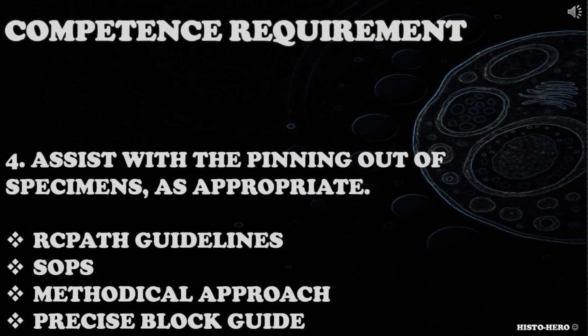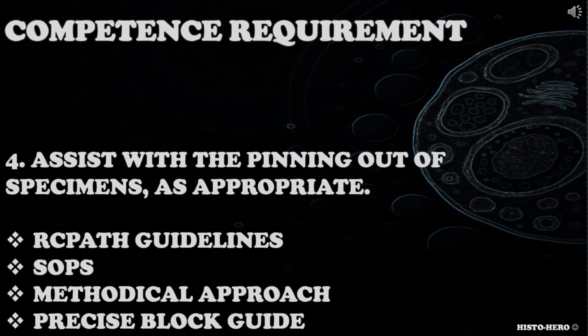The fourth competence requirement is assist with the pinning out of specimens, as appropriate. Candidates should be able to assist with pinning out samples, if appropriate. Some samples are already pinned out when received in the lab, so they might not be able to assist with the pinning out of the specimens. However, they might be able to assist when the dissection of a pinned out sample is performed in the lab.